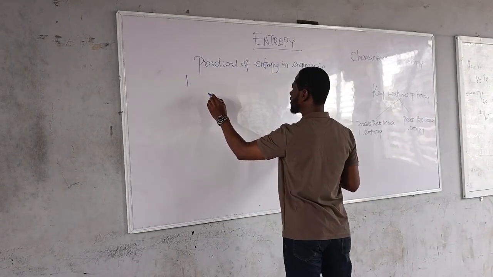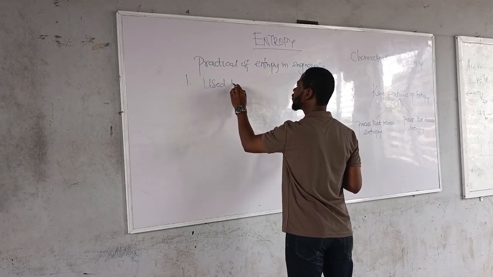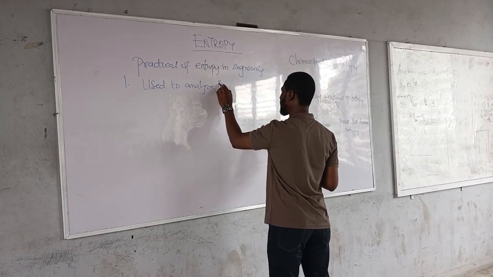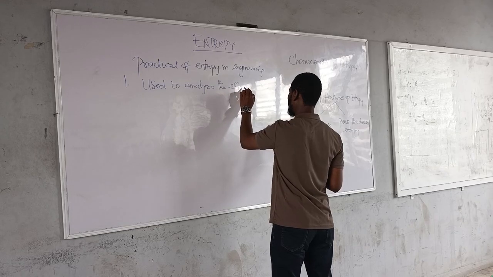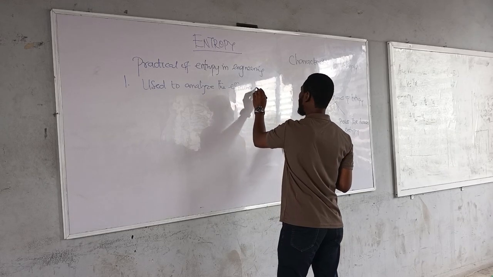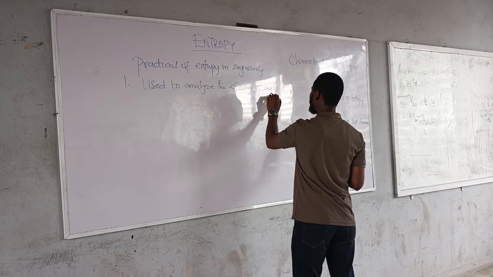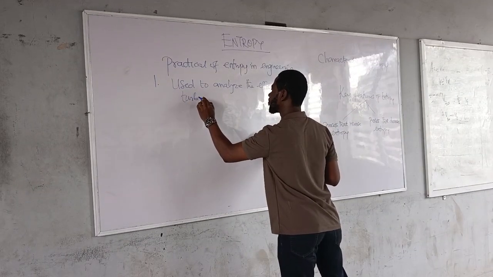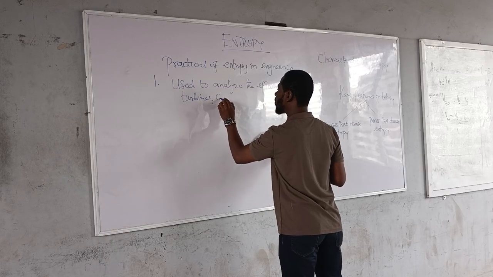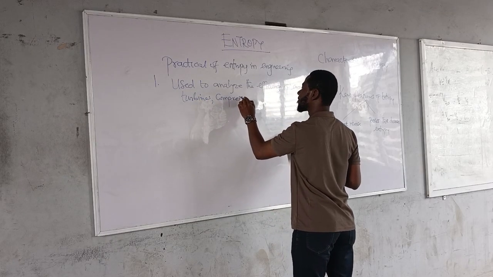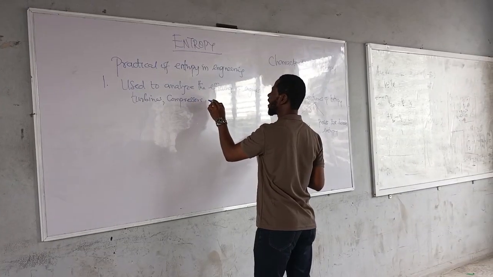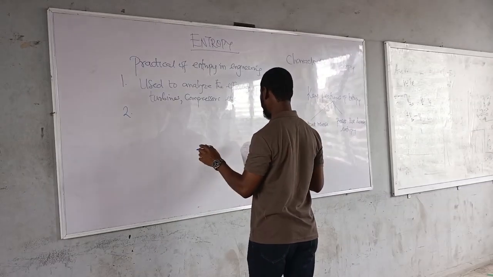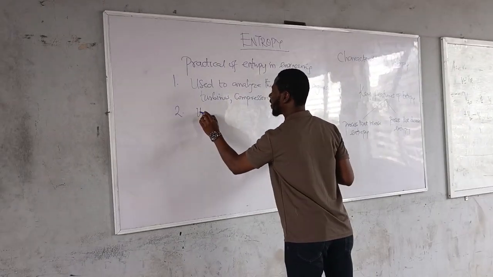Number one, it is used to analyze the efficiency of engines, turbines, compressors, amongst others. The second practical application of entropy is that it helps identify losses in real systems.